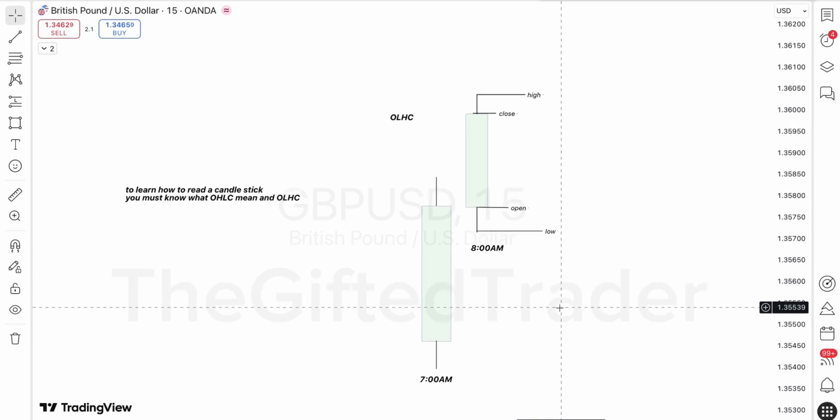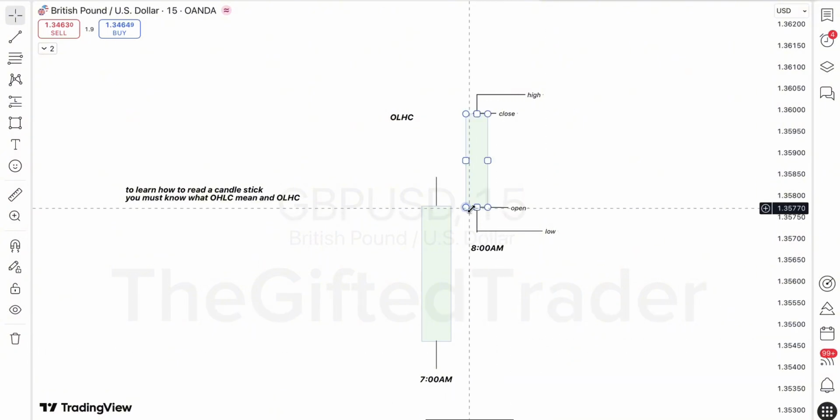Now I want you to keep this in mind. When bullish, in a trend, the candlestick tends to open and sell first before buying back up.